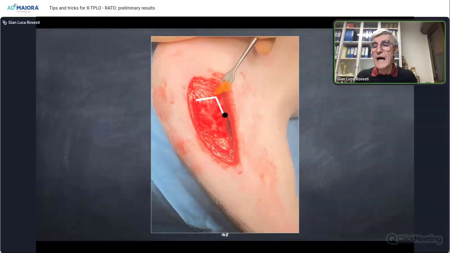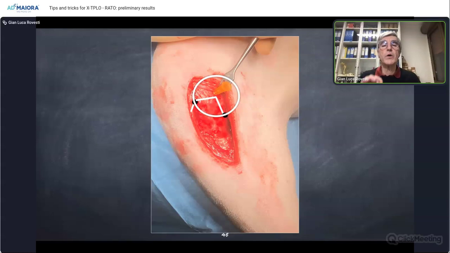If I'm doubtful about this one because of fibrosis, I can take the complementary measurement from the tibial tuberosity to this point, but at this point, I have these 2 points that are my reference for the osteotomy.